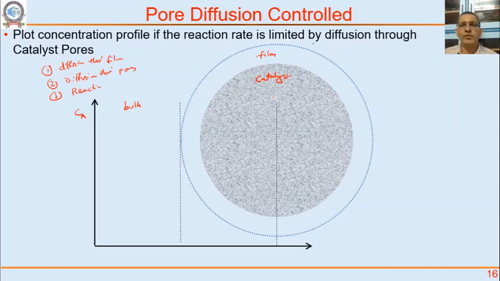Now the rate is limited by diffusion through the catalyst pore. External mass transfer is not the slowest step. Reaction is fast. Diffusion is fast through the film. Draw the profile.